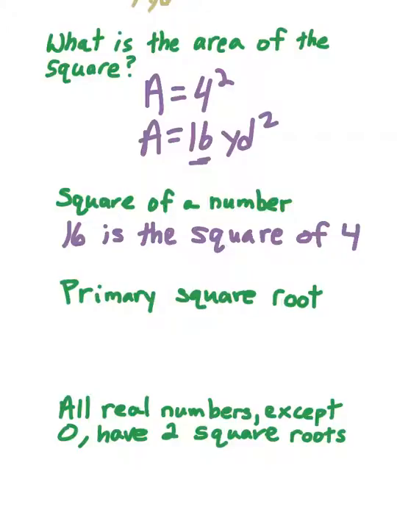Now we need to distinguish between square roots, a primary square root of a number, and the fact that all real numbers except 0 have 2 square roots. The primary square root is the positive square root of a number. So if I'm talking about 16, 4 is the primary square root.